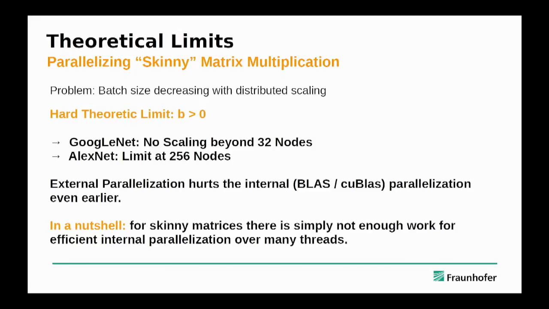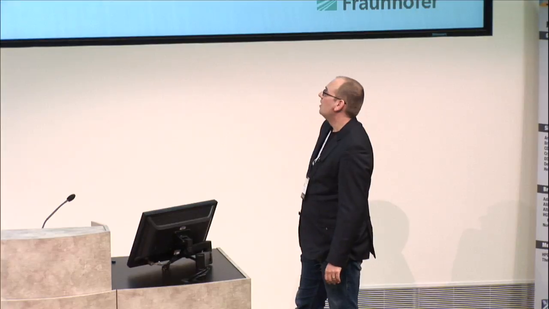It's obvious that you cannot split the training data into pieces less than one. So that's a natural limit. But we see that the limitations are starting much earlier. In a nutshell, if the amount of compute you have to solve in one iteration is getting too small, it's not efficient anymore. So the outer parallelization is going to hurt the inner parallelization, and you're losing your speedup.